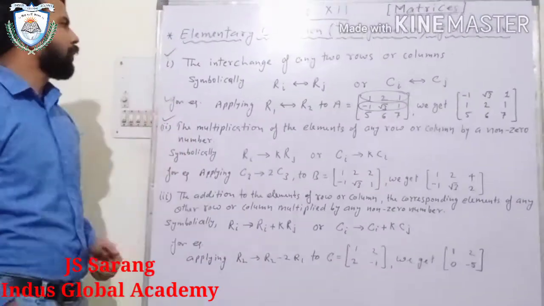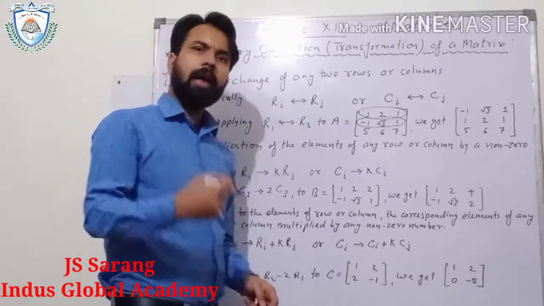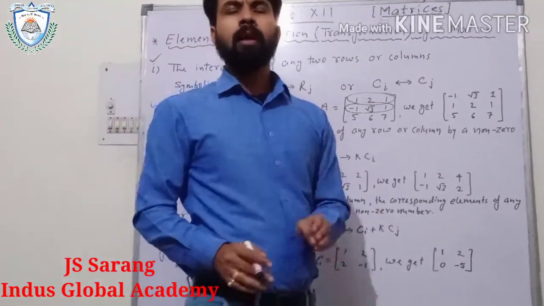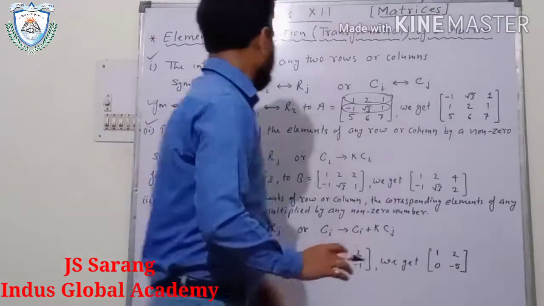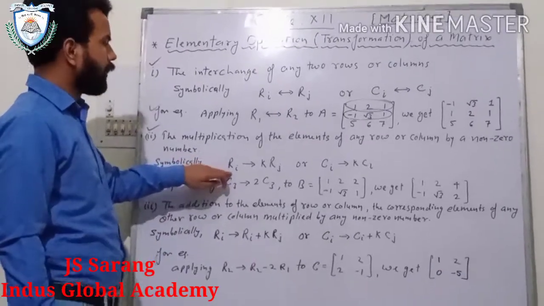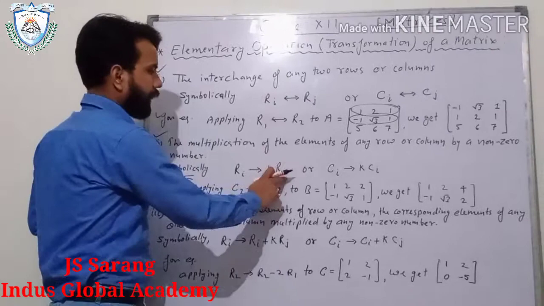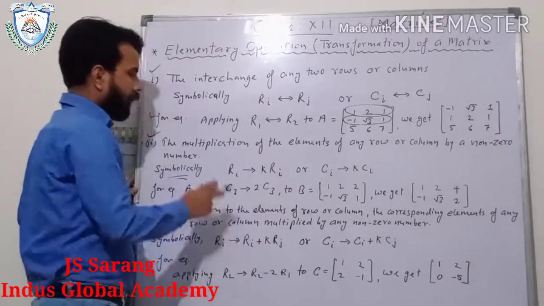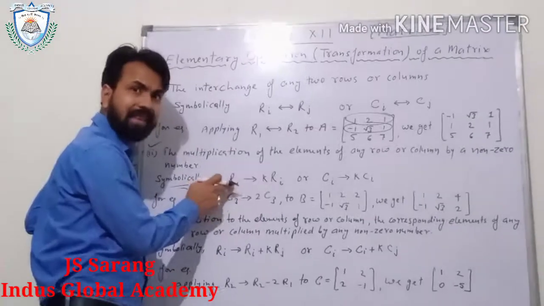According to this operation, we can multiply all the elements of any row or any column by a non-zero number. Understood? Symbolically, we can represent like this: Ri tends to kRi. It means we are applying the operation on ith row.